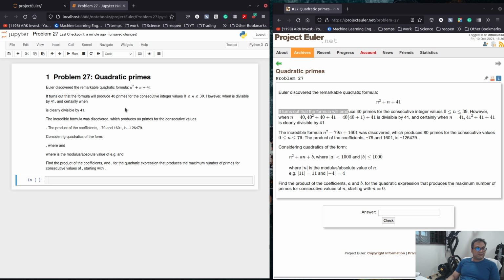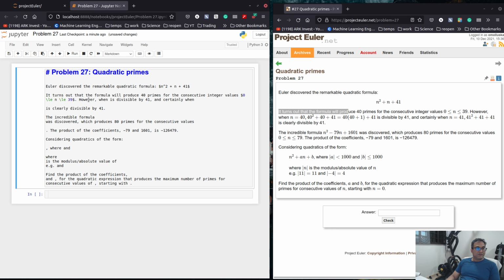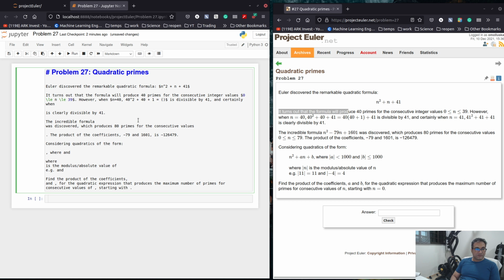However, when n equals 40, n equals 40 squared plus 40 plus 41 equals 40 times 40 plus 40 plus 41, which is divisible by 41.